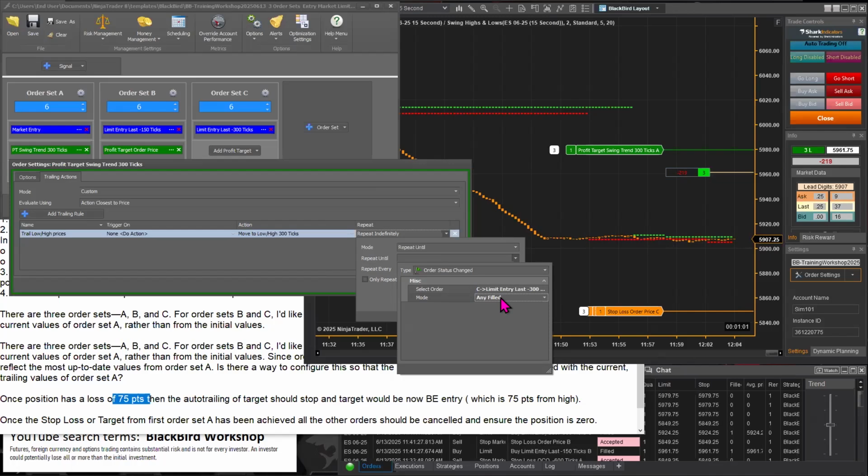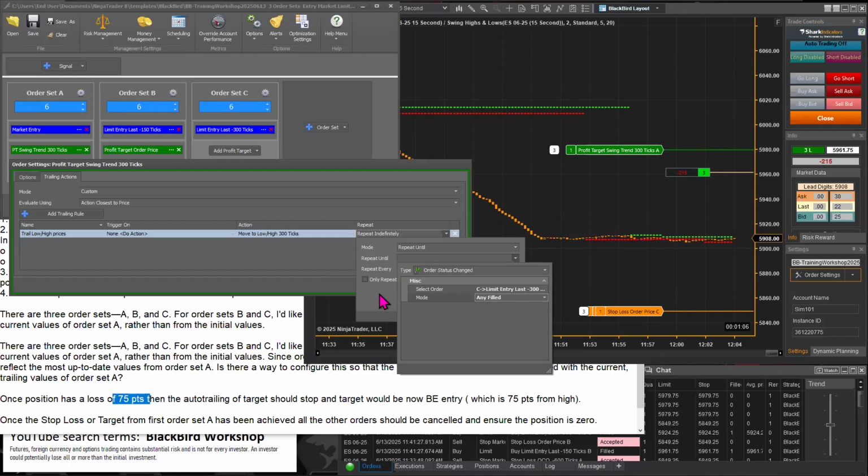When this entry order is filled, we know that we've reached that 75 points of a pullback, 75 points of a loss. So we'll set it to that.